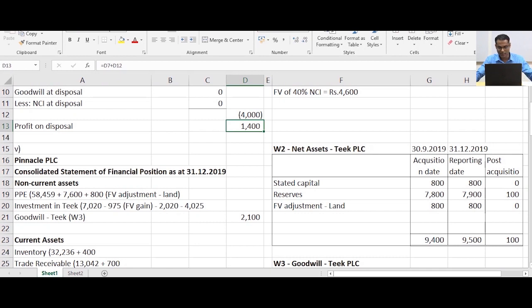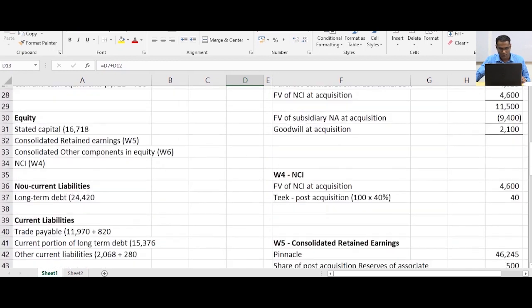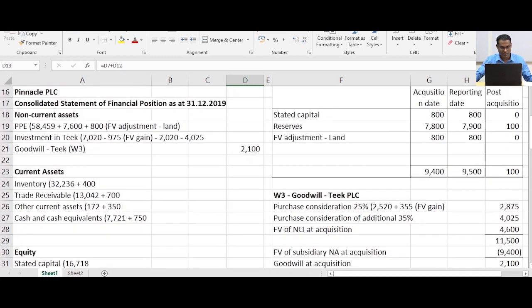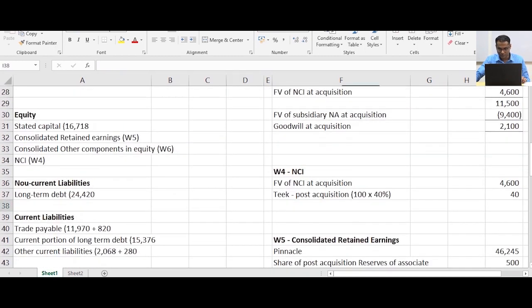So let's take the numbers to the balance sheet. I can complete the workings relating to the balance sheet. The goodwill, I have taken the number. NCI, I can take the total relating to NCI: 4,600 plus 40, 4,640.